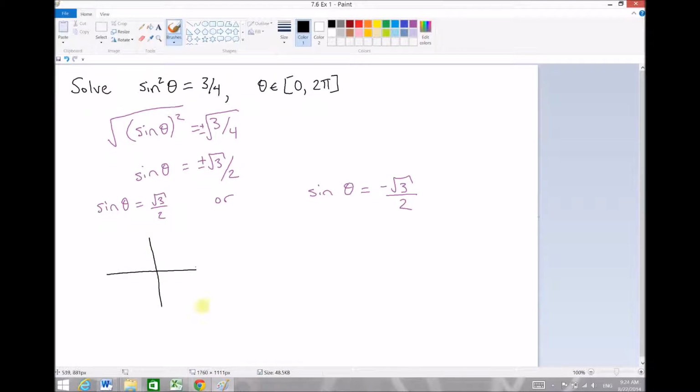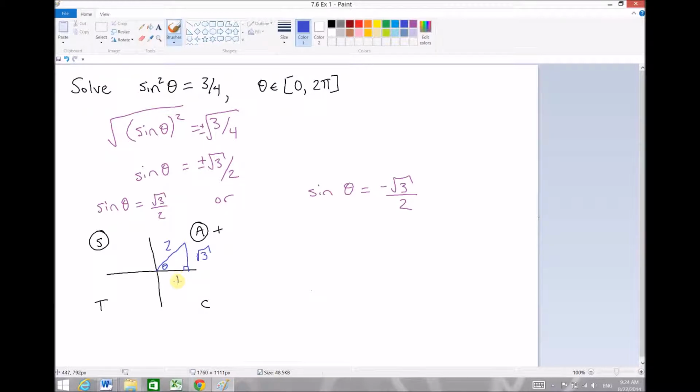We can use the CAST rule. Sine theta equals root 3 over 2. This is positive. Where is sine positive? At the A and the S, the first quadrant and the second quadrant. We draw our special triangle. The opposite is root 3.